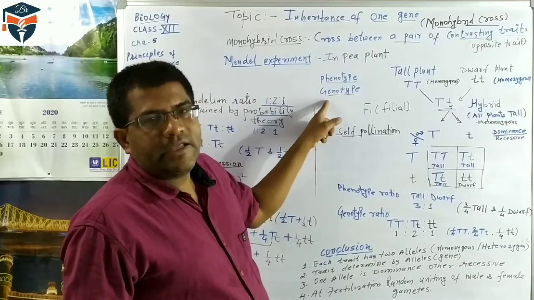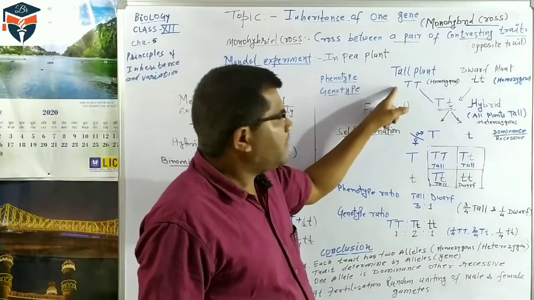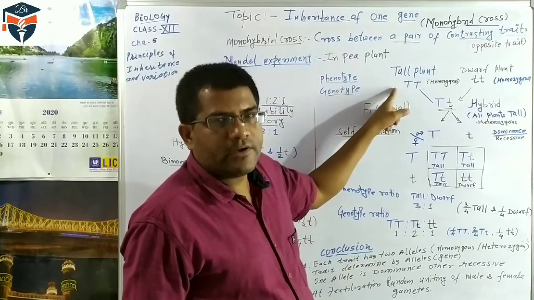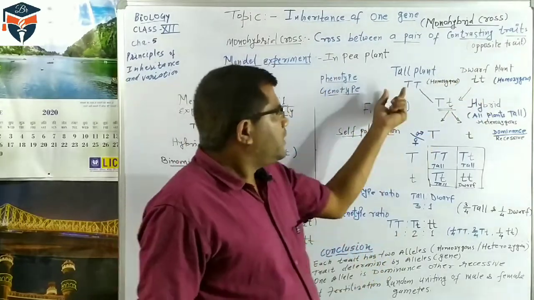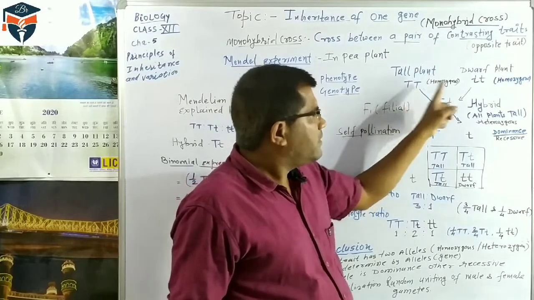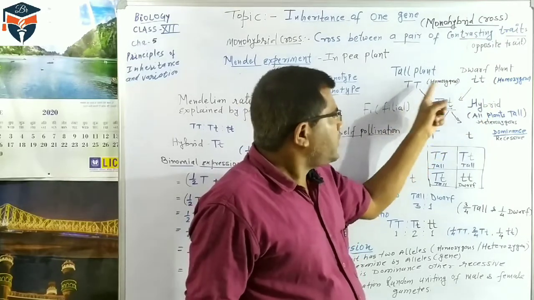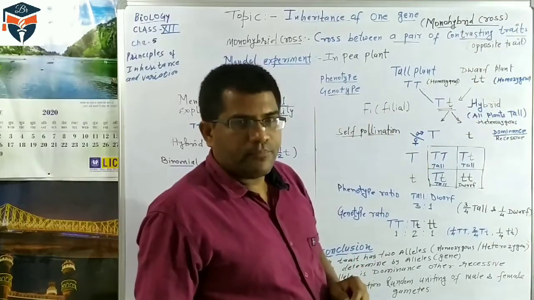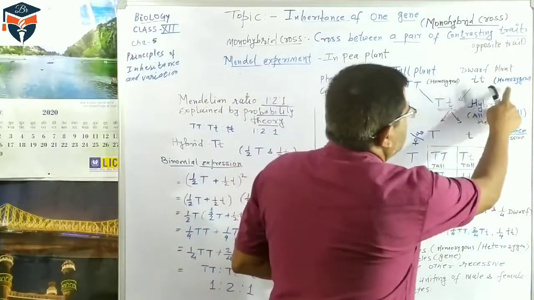Genotype is the genetic makeup of the organism. Here the genotype for the tall plant is capital T, capital T, and for the dwarf plant small t, small t. Here two alleles, capital T, are present, and here also two alleles, small t. So both alleles are the same. If both alleles are the same, it is called a homozygous condition.